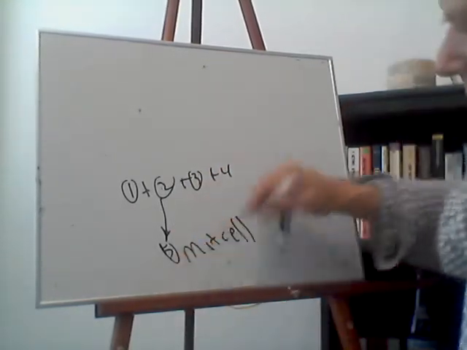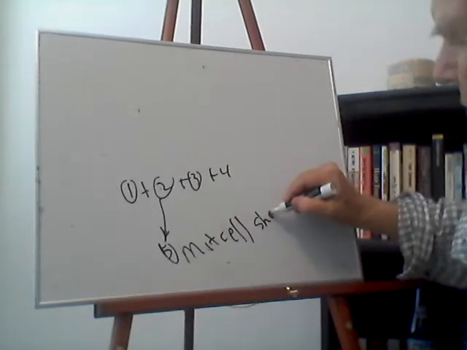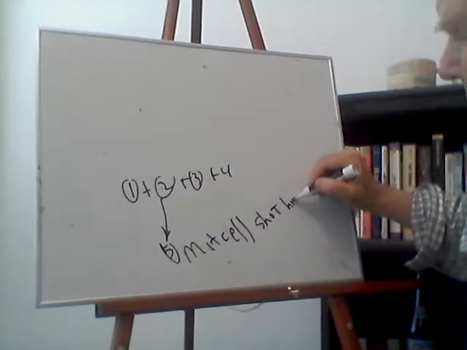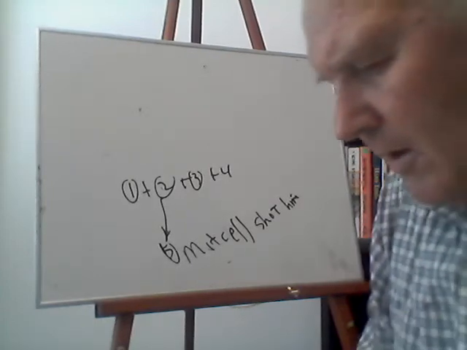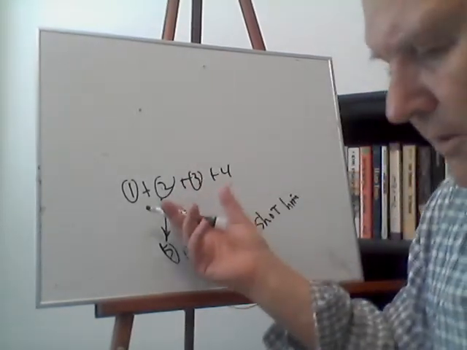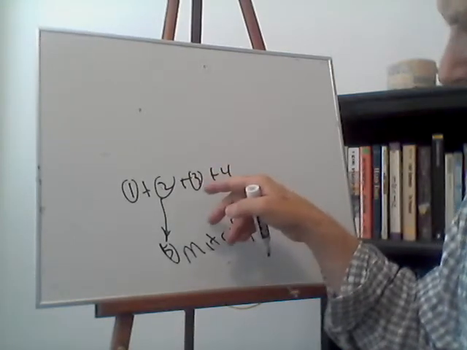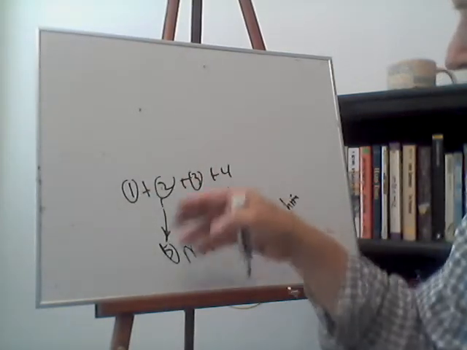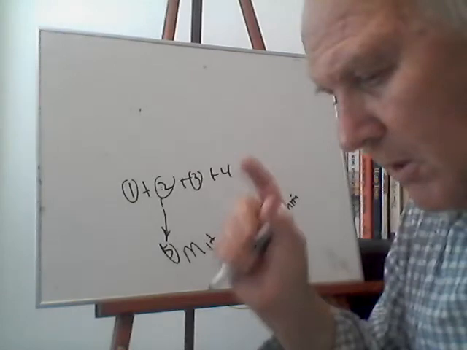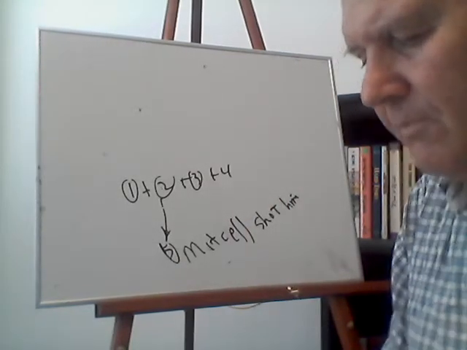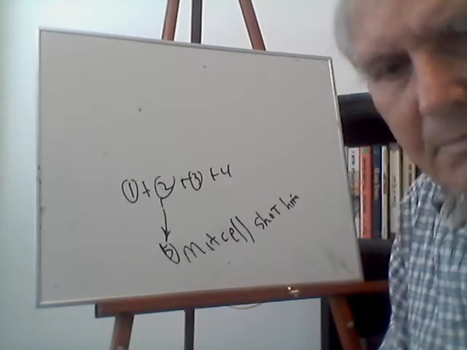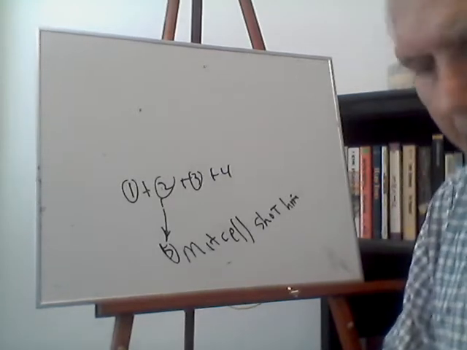I'll just put shot him. If Mitchell didn't do it, who else did? That would be premise 4. If you put all these together, you get the conclusion. The implied conclusion is that Mitchell shot the person.